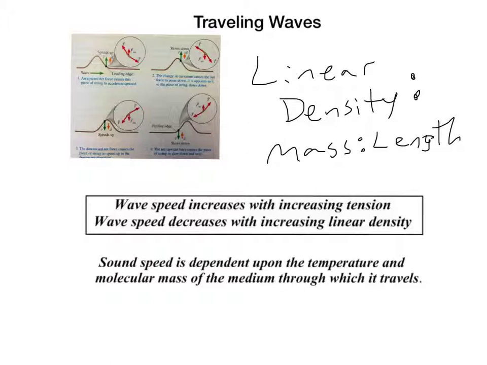So sound speed is dependent upon the temperature and molecular mass of the medium through which that sound travels. So on a warm day, sound's going to travel faster than on a cool day. Also, the molecular mass of liquids, water, is greater than the molecular mass of air. So sound waves travel much faster through water and even faster through solids.